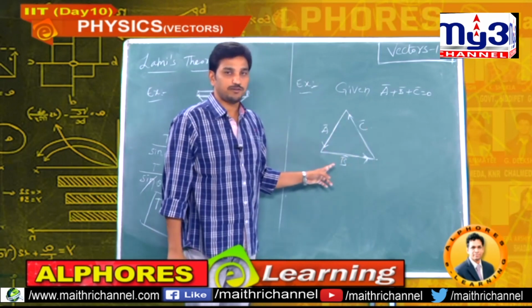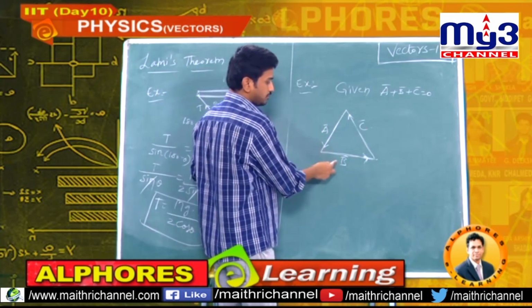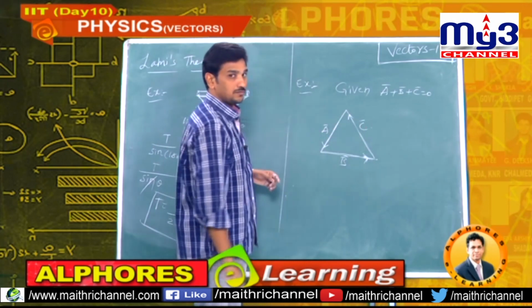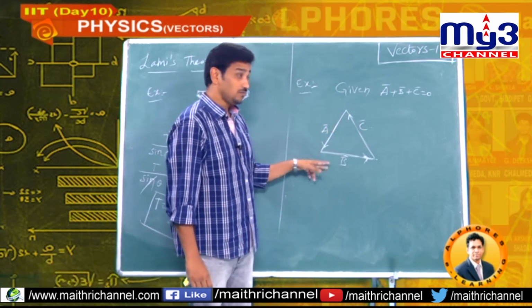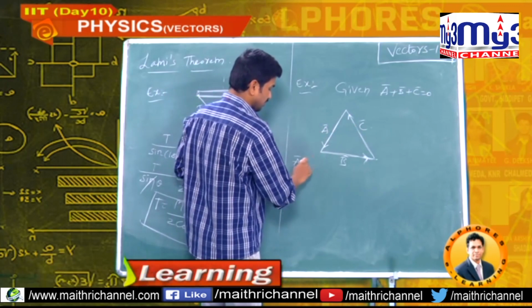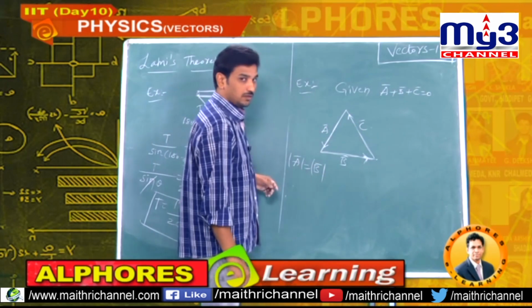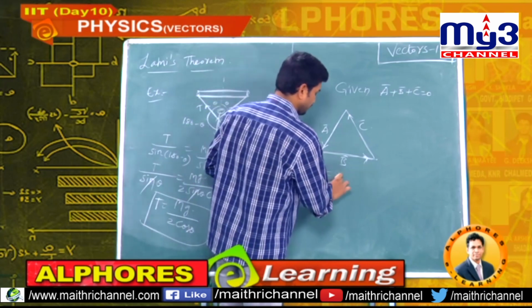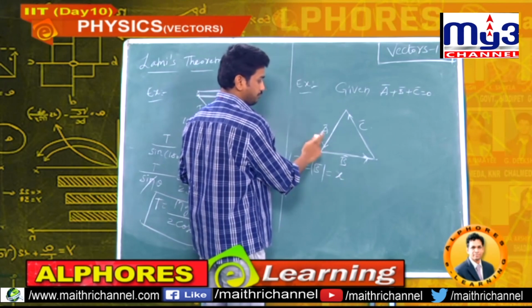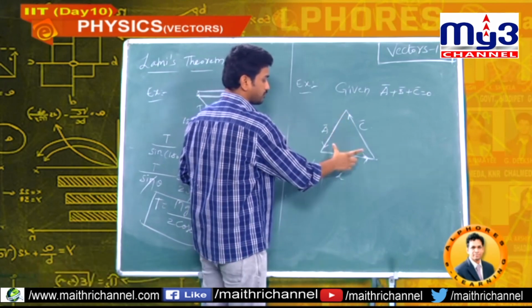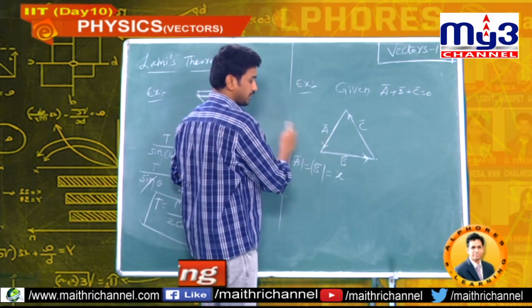And he gave some information in the question. 2 vectors are of equal length, and the third vector is root 2 times either of them. So A bar magnitude and B bar magnitude are the same, the length of the vector x, the length of the vector x, both having the same length x.